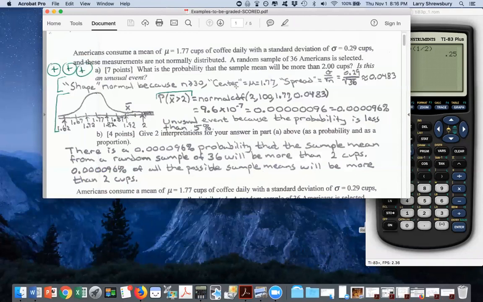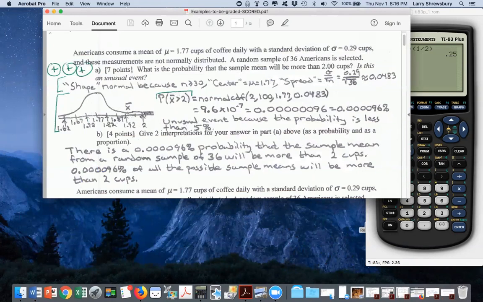After they calculated, they know that the center is the population mean, but they calculated the standard error, the size of each of those tick marks, and used that so they could clearly identify the number under each of those tick marks. Then, because they did that, and they looked at 2, they said, oh my gosh, look how far 2 would be out here.